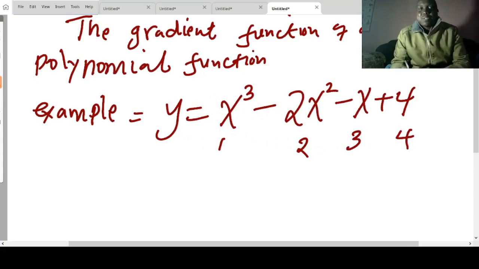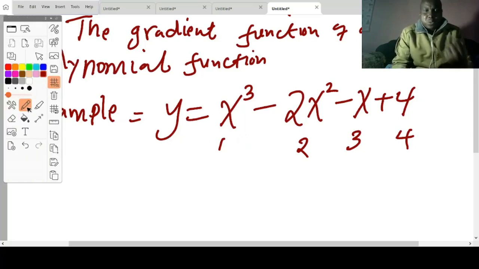To get the gradient function, we differentiate each term separately, considering the sign in front of each term, positive or negative, because the sign belongs to the term. So how are we going to differentiate this?